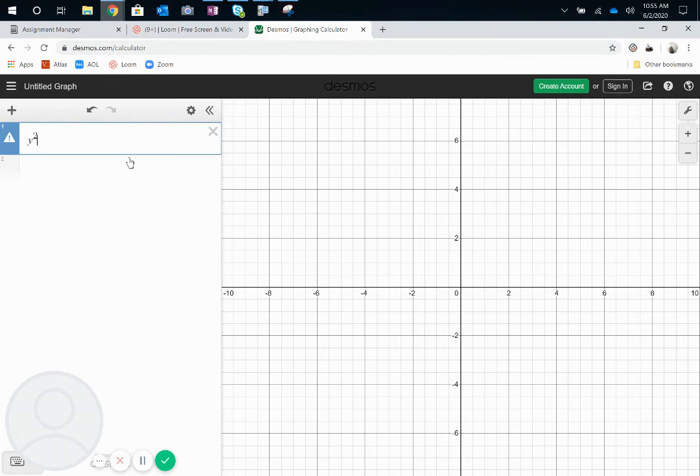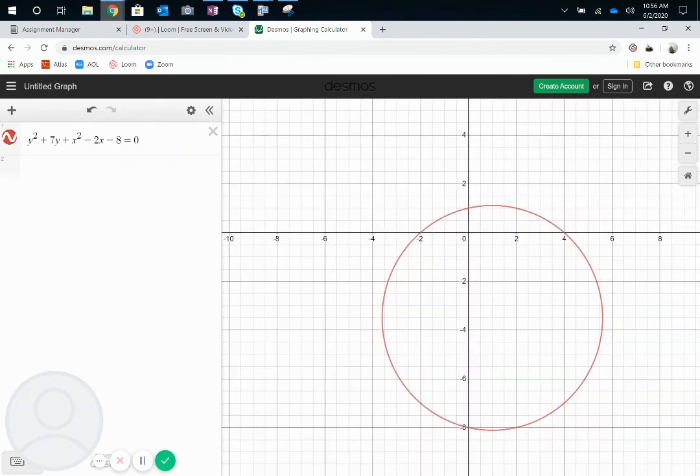So y squared plus 7y plus x squared minus 2x minus 8 equals 0. And we see that this is essentially a circle.